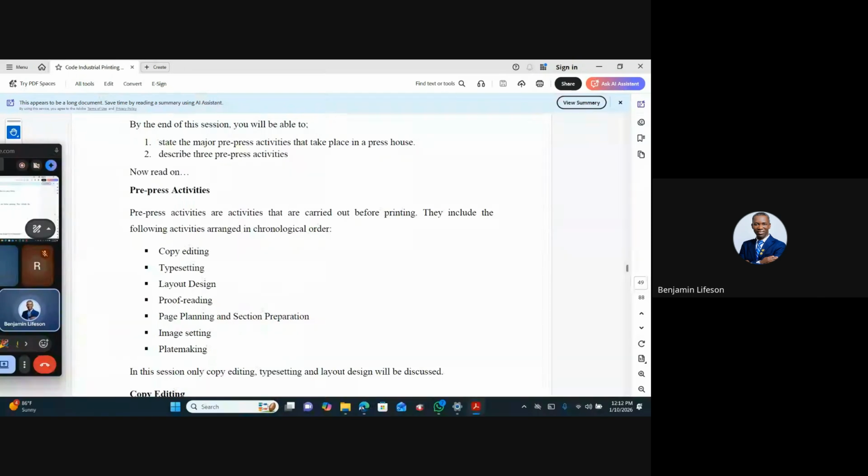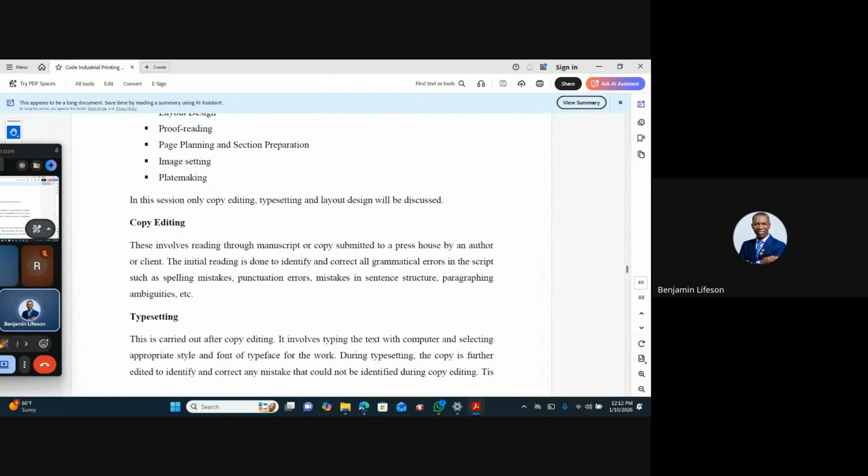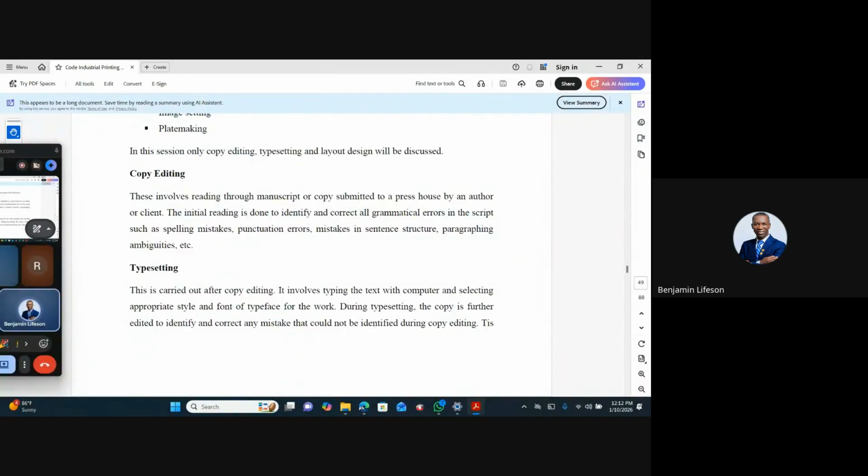So we want to look at the first thing that happens during the pre-press activity, or what really happens when you send your work over there, or you engage your designer, or you engage the printer to do the print for you. What are the activities for us to look at? So the first one, yes, shall we proceed?